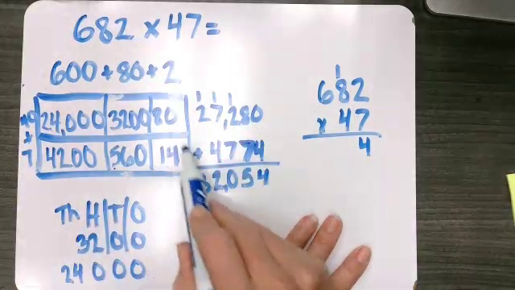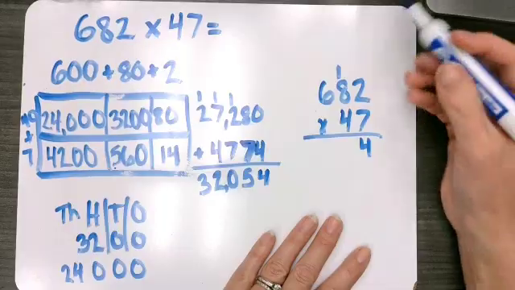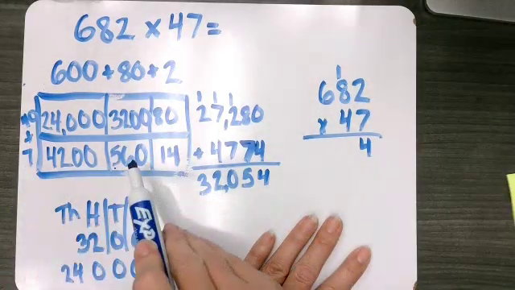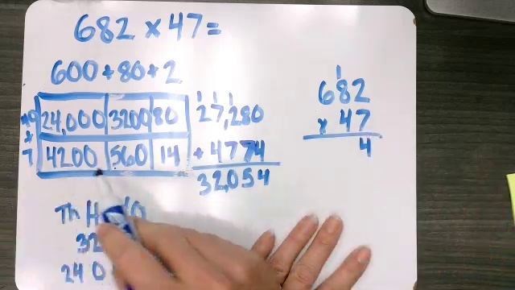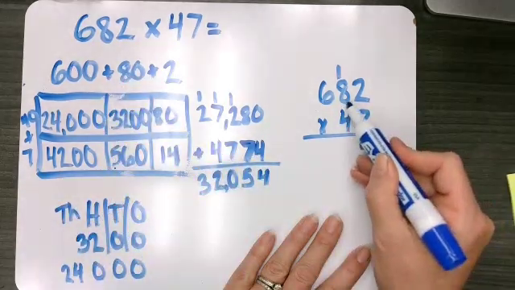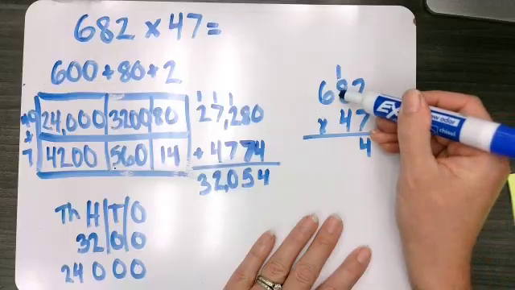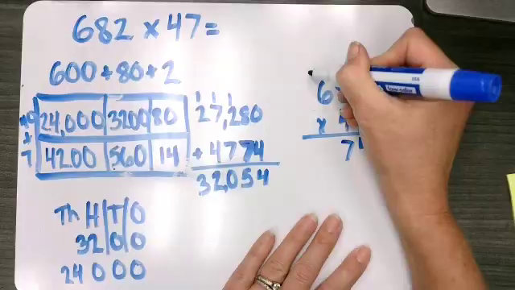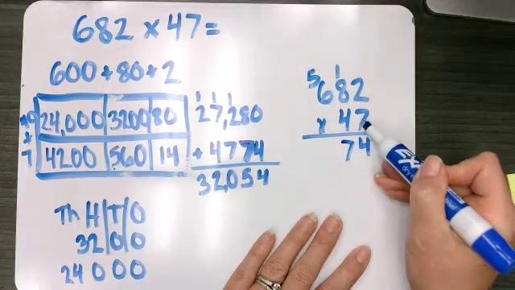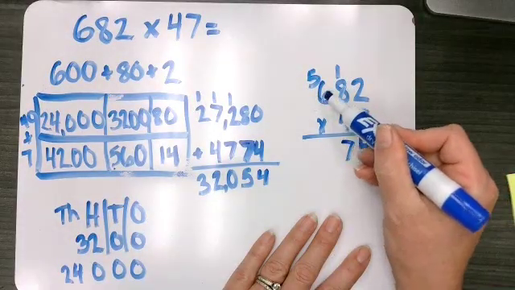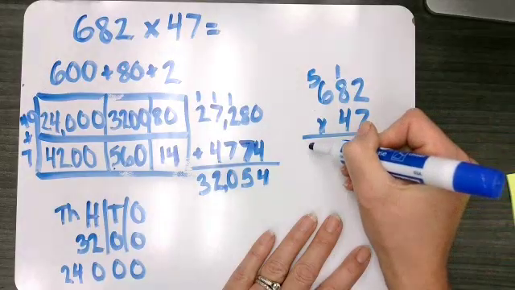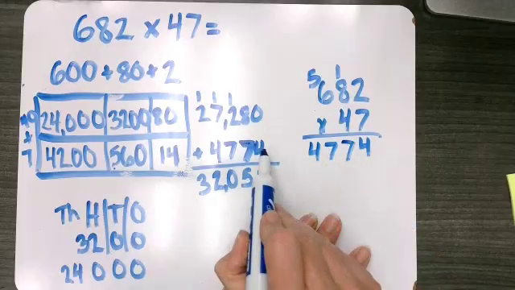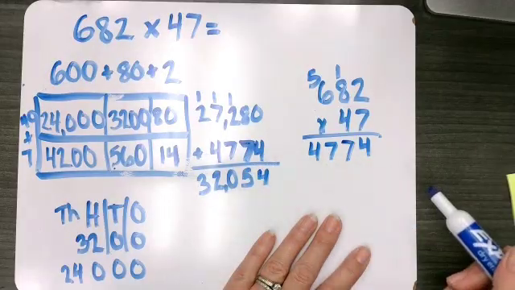Same thing here. 7 times 8, or 80, because that's truly what this number is. 7 times 8 is 56, and one more is 57. Regrouping again. 7 times 6 is 42, plus 5 more is 47. You can see that our product, or our partial product, is the same.